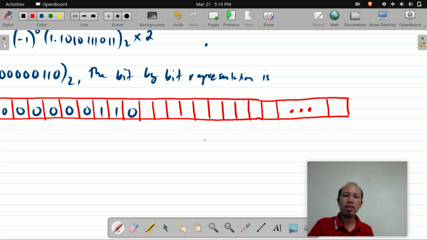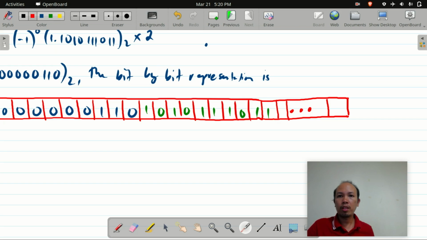Let's use color red. Okay, this is the mantissa, this one here, mantissa 1011. Maybe we will use color, let's say green: 1 0 1 0 1 1 1 0 1 1, and after this last digit 1 here, put all zeros.